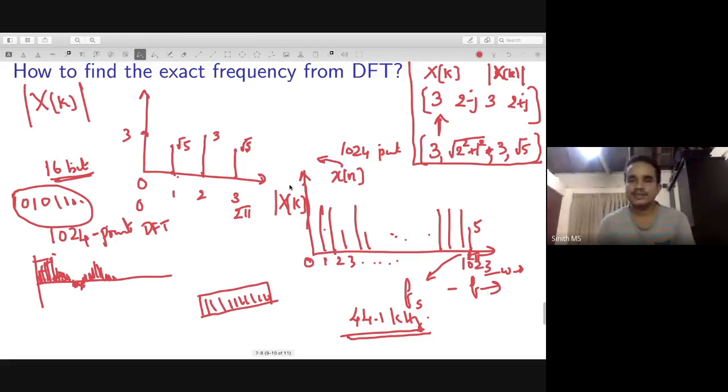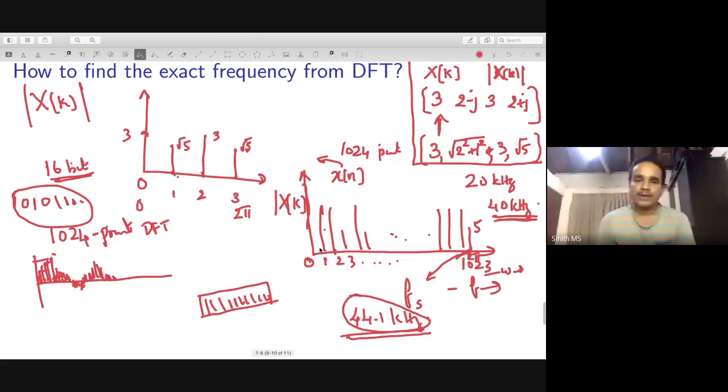The audio range is up to 20 kilohertz, so twice that is 40 kilohertz. To clearly hear all the sounds, you need to sample above 40 kilohertz. Normally 44.1 kilohertz is used as the sampling rate for audio processing. So this point becomes 44.1 kilohertz.